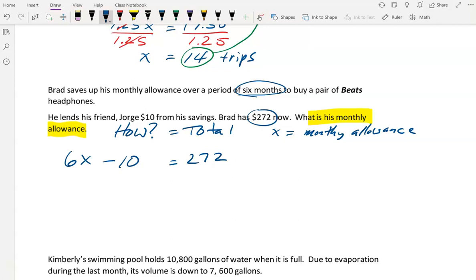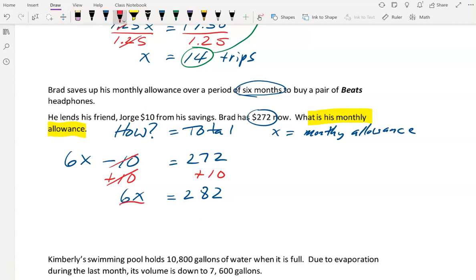X is his monthly allowance amount. So let's begin to solve. I'm going to add 10 to both sides because that's the opposite of what's being done here. So to solve, we have to do the opposite. Adding 10 and adding 10 to this side, I get $282. And I bring my 6x down here.